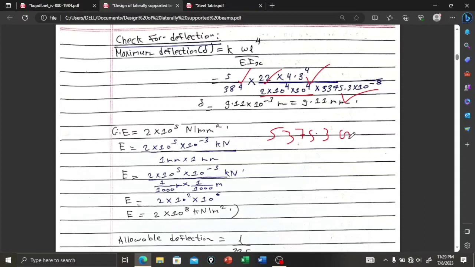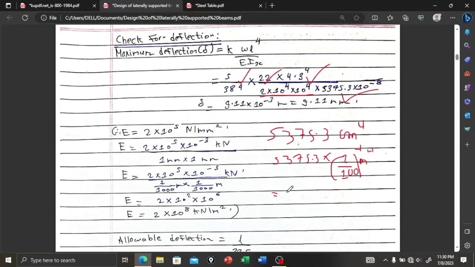5375.3 in centimeter to the power 4. To convert this to millimeter, meter, 5375.3 into, in 1 centimeter there is 1 divided by 100 meter, so power 4, so here also power 4.